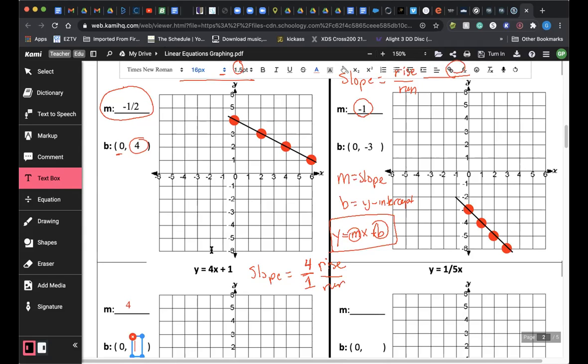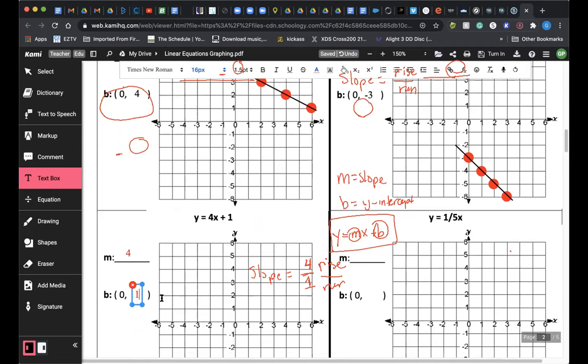I always begin at my B. What is my B in 4x plus 1? What number represents the B? 1. So I'm going to start on my graph at the point that is 0, 1.